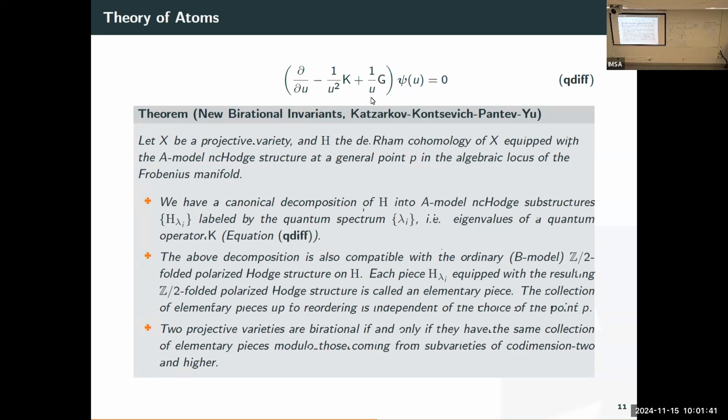The important thing is that two varieties are birational if and only if this splitting is the same modulo contributions of subvarieties of codimension 2 and higher, and of course the action of the symmetry group, which I forgot to put here. That is the statement that makes this a birational invariant. And the proof of this theorem is strongly based on the work of Iritani.